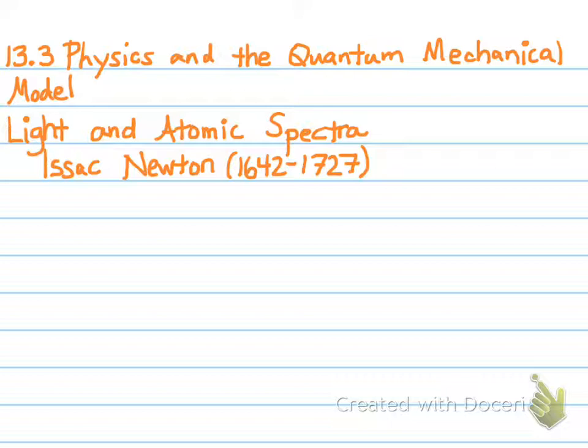So, continuing, we're going to talk about physics and the quantum mechanical model. We're going to talk about light and atomic spectra. We're going to start by talking about Isaac Newton, who lived from 1642 to 1727.